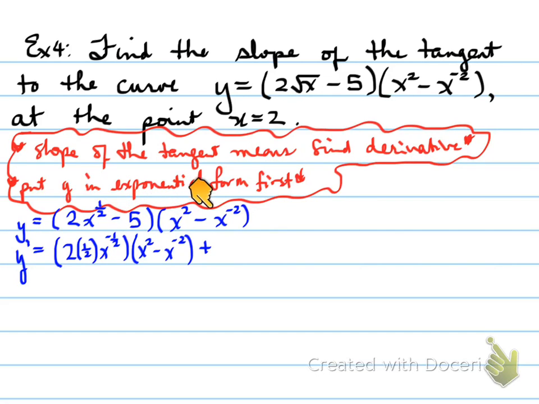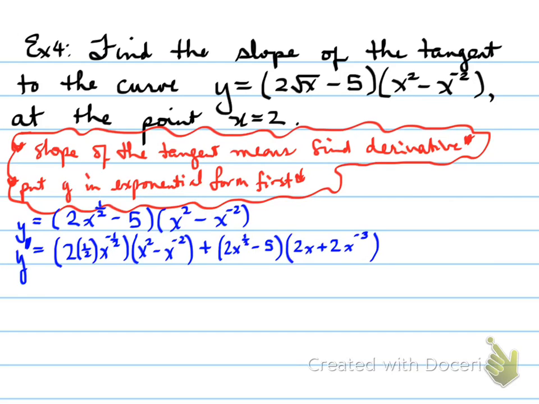Then we multiply it by the second bracket, and we add the first bracket times the derivative of the second one. So the derivative of this is 2x plus. Why is it plus? Because you had a minus, and then you bring the minus 2 in front. A minus and a minus make plus. 2x to the negative 3.